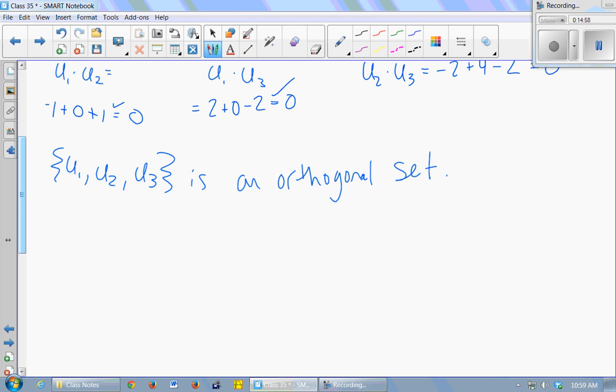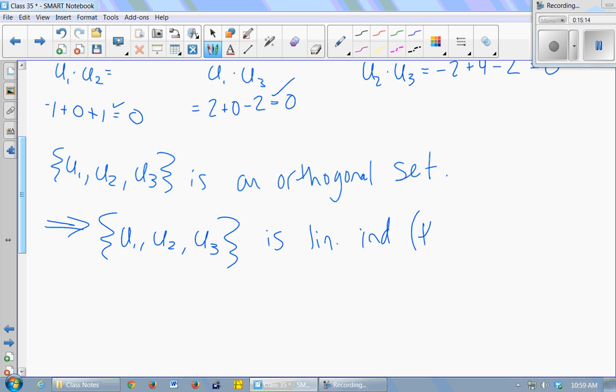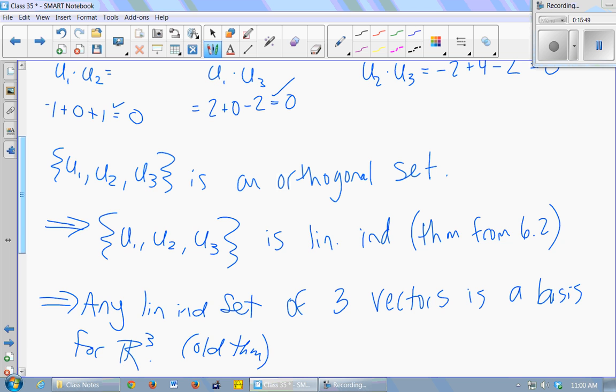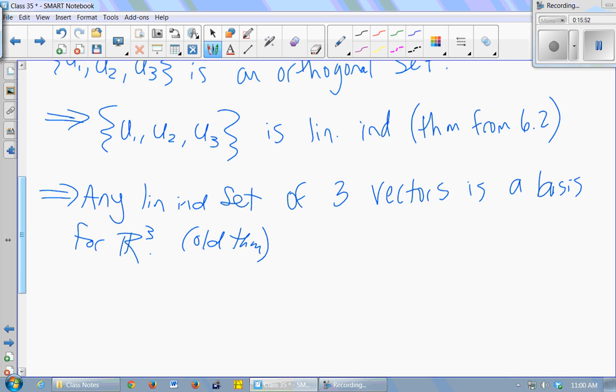That's an old theorem. So we've shown that it's a basis, and we've shown it's an orthogonal set. Therefore, it's an orthogonal basis.